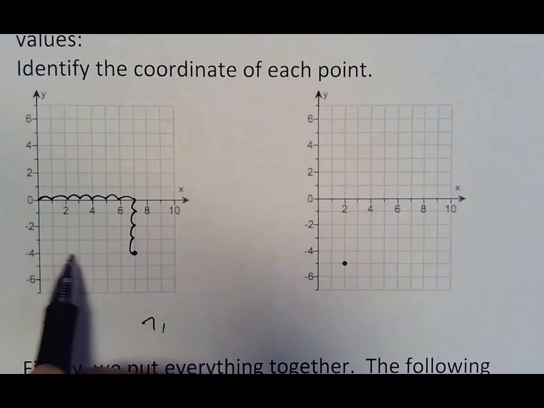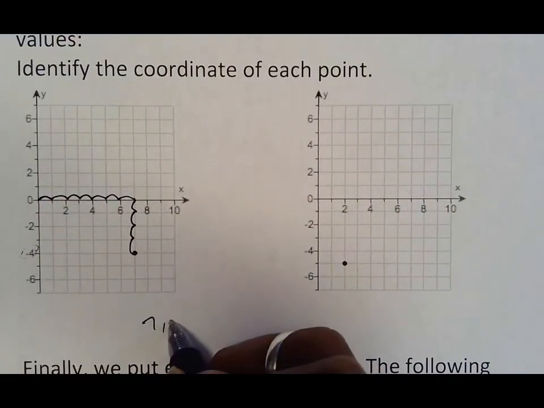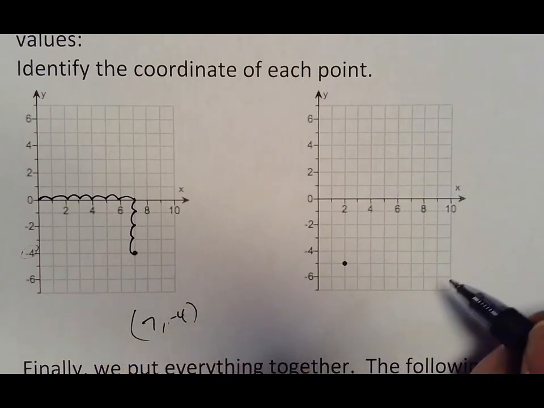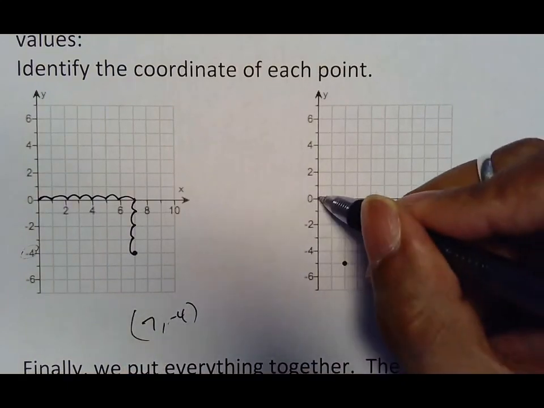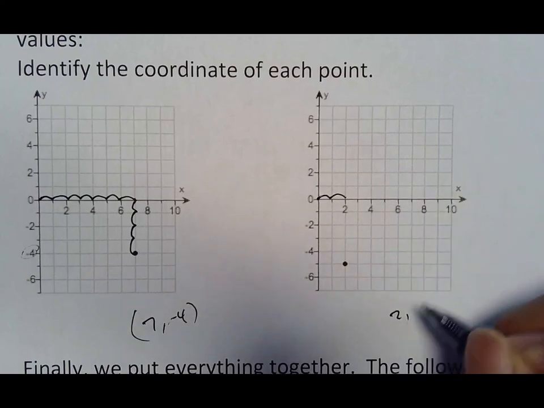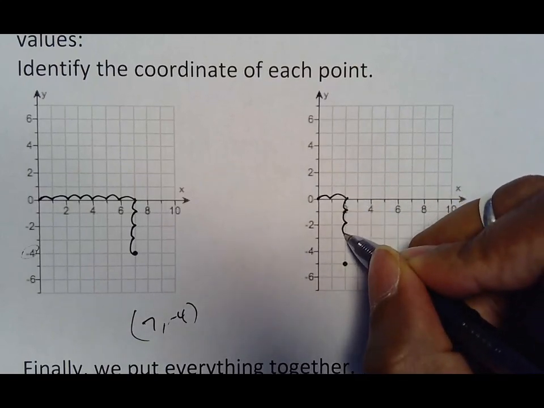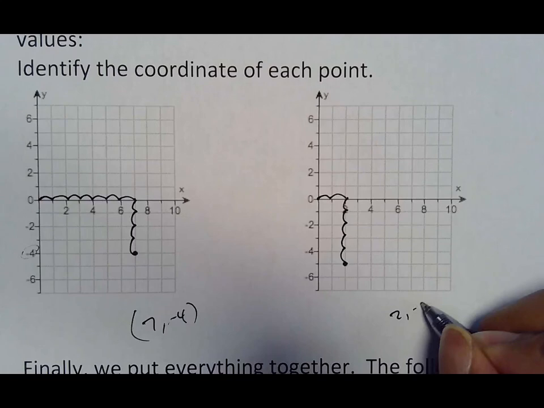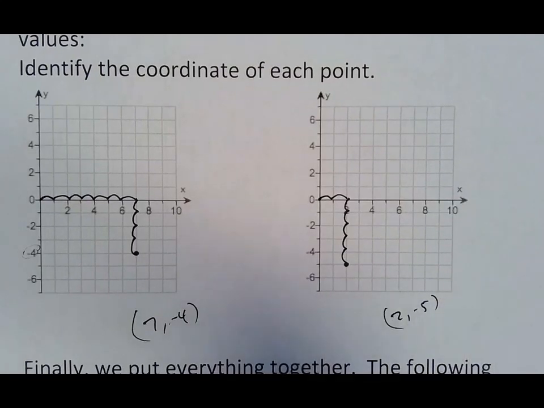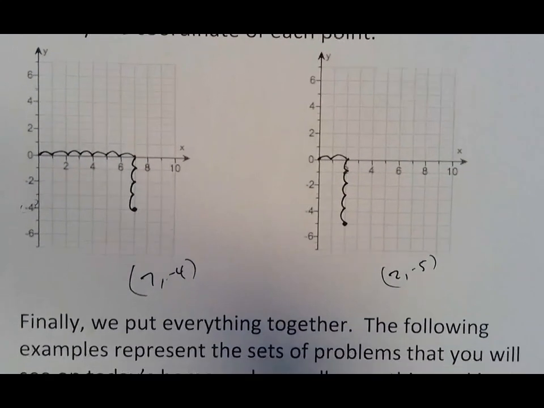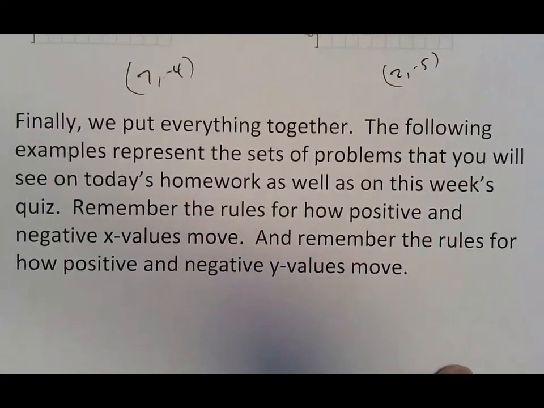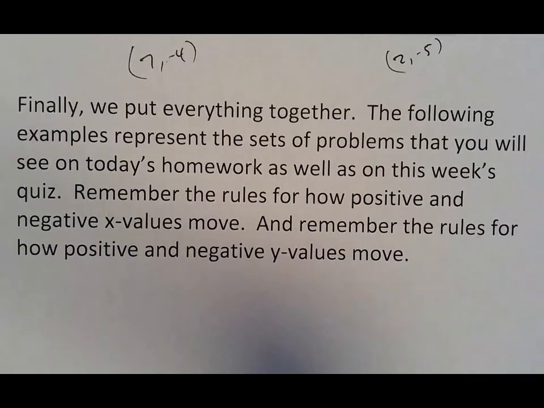And again, your hint here is that this is a negative 4 right there. And so because I went down, it has to be a negative number. Here you go 2 over, and then 1, 2, 3, 4, 5 down. And that would be your ordered pair. Alright. So after we did those 3 things, we put everything together.